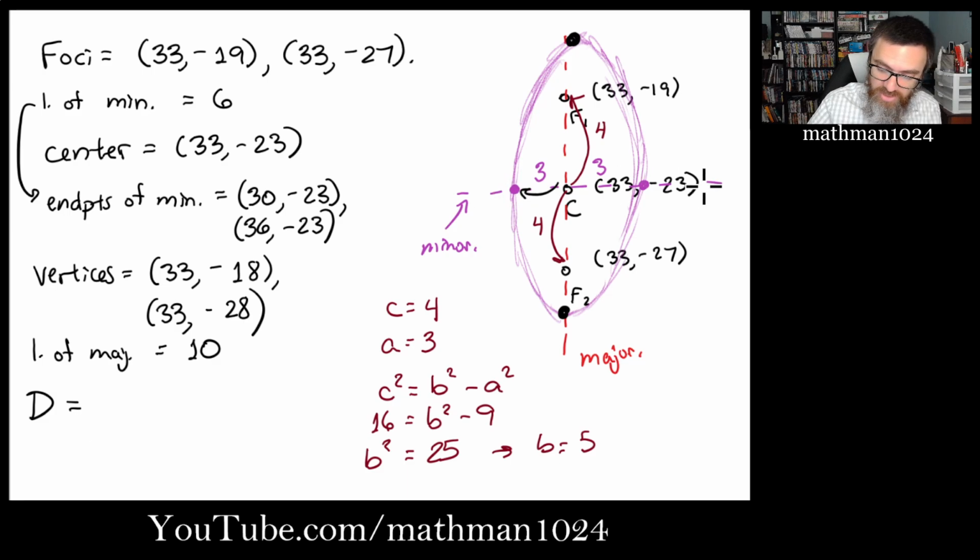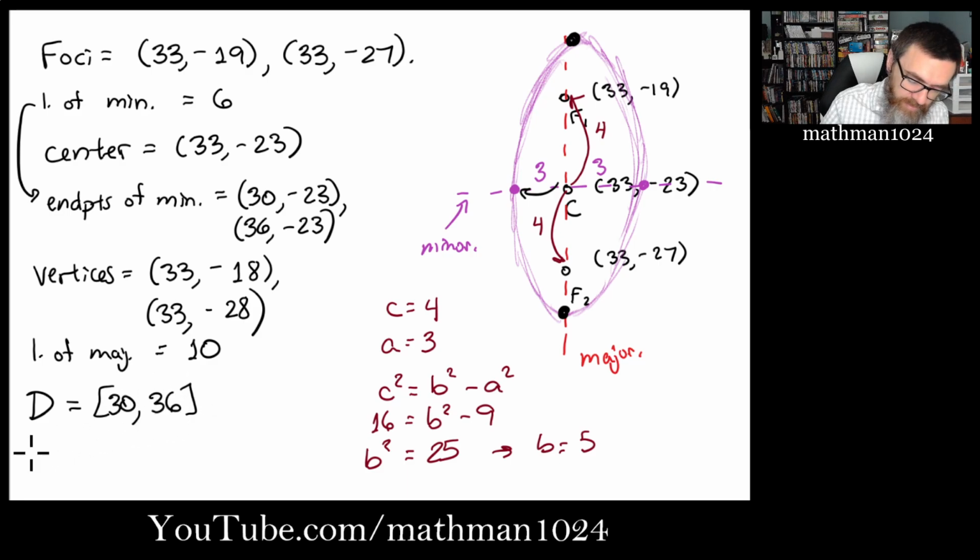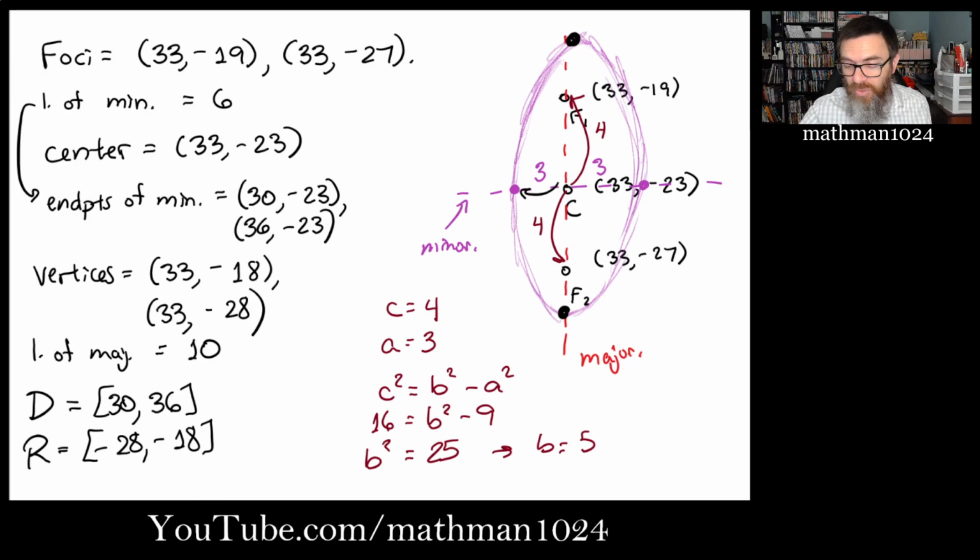Domain is from left to right, which would be the endpoints of your minor axis. So from 30 to 36. Your range is going to be bottom to top, so going from the lowest vertex, negative 28, to the highest one, negative 18. But what we should really do is actually write the equation for this, right?